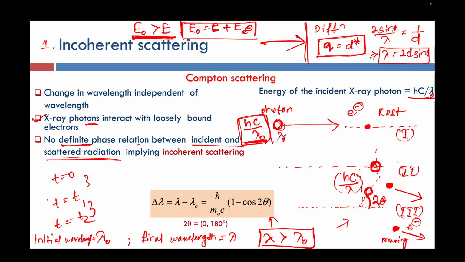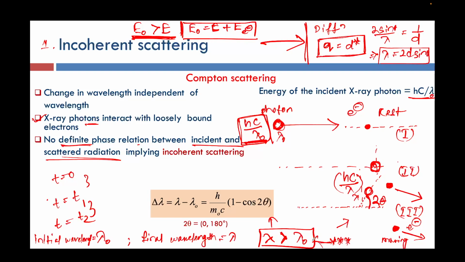So lambda will be greater than lambda naught. Since there is an energy change for my incident photon, a wavelength change is also happening.